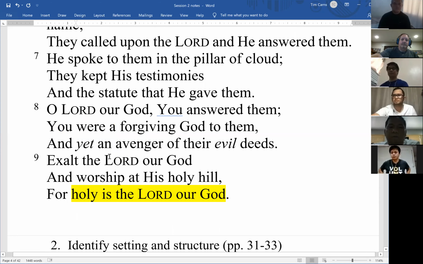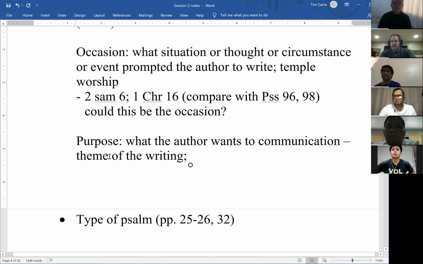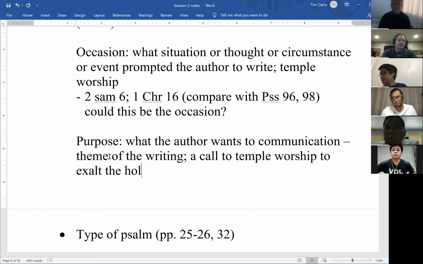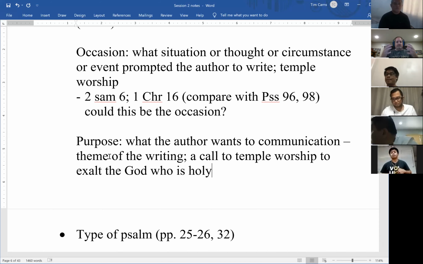So we could even have something as the purpose of this psalm: a call to temple worship to exalt the God who is holy, something like that. Now again, this is early in our study, so we'll refine this as we go further. But this is just what we've seen so far from this psalm. Okay. Are there any questions? Any other thoughts?